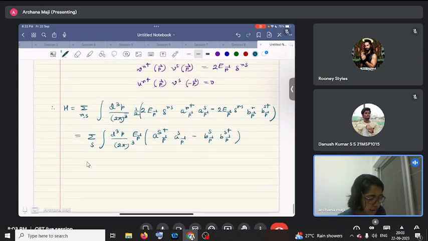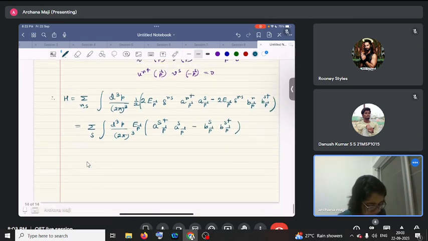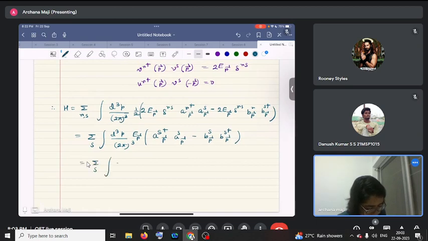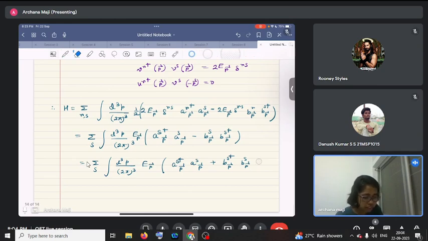But now we can use the anti-commutation relation to write that term as plus another constant term, which even if infinite, we don't care about because we are only interested in the energy differences. So this is the Hamiltonian.